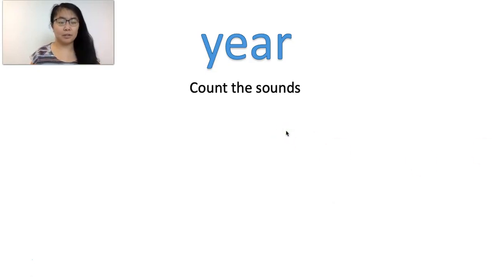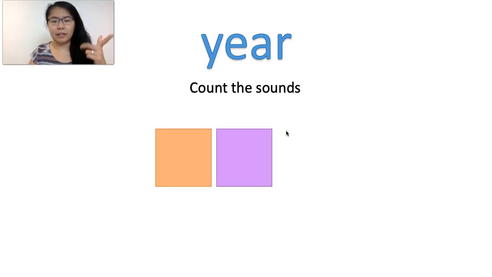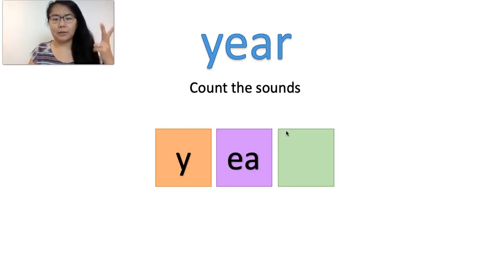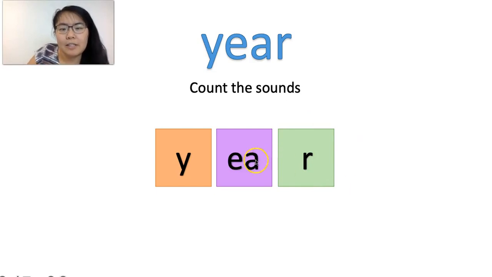So we're going to count the sounds again. This is important to learn how to hear and to spell and to write. These are all skills we'll need to learn to keep learning English. So year. Y, E, R. Now this is a special combination of 2 letters. Do you know what's special about these 2 letters?